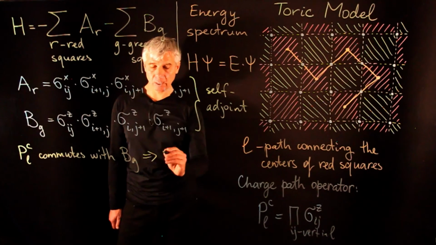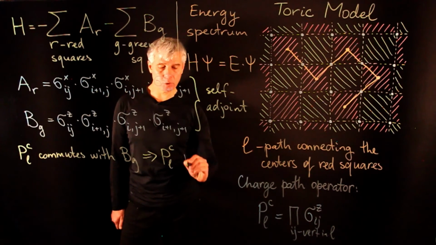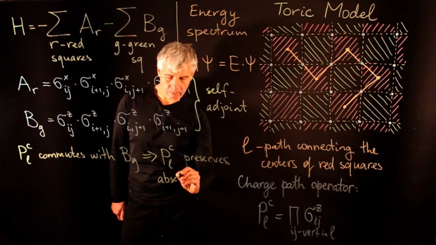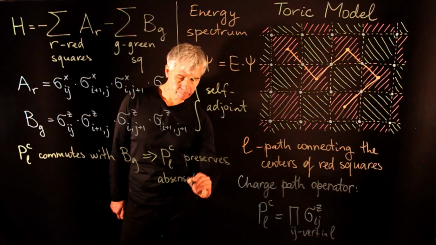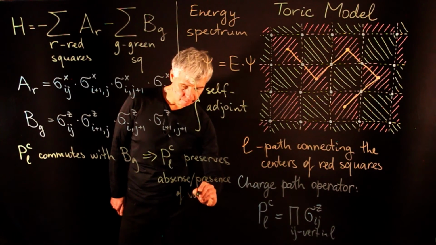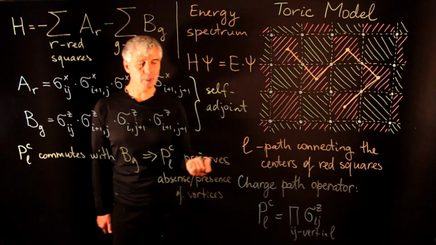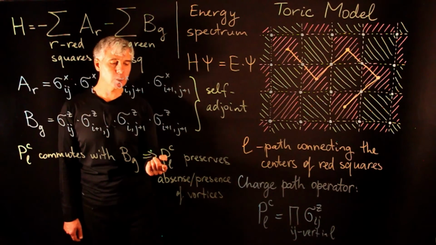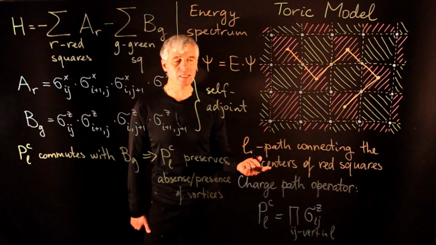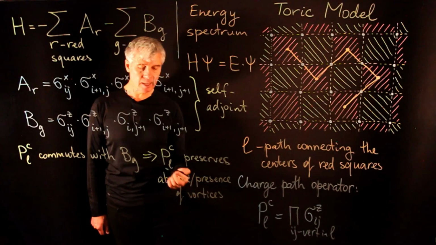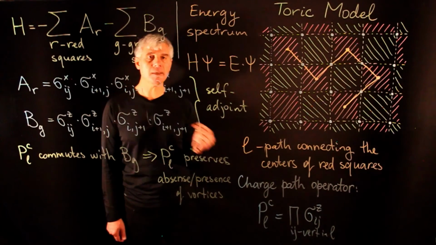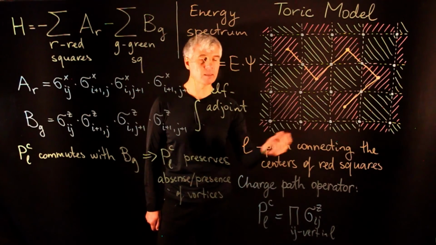So this means that this charge path operator preserves absence or presence of vortices. So if we have a green square with a vortex and we apply the path charge operator, the resulting state will also have a vortex at this square. Or if there is no vortex at green square, then by applying the charge path operator, we get another state with no vortex at the green square.